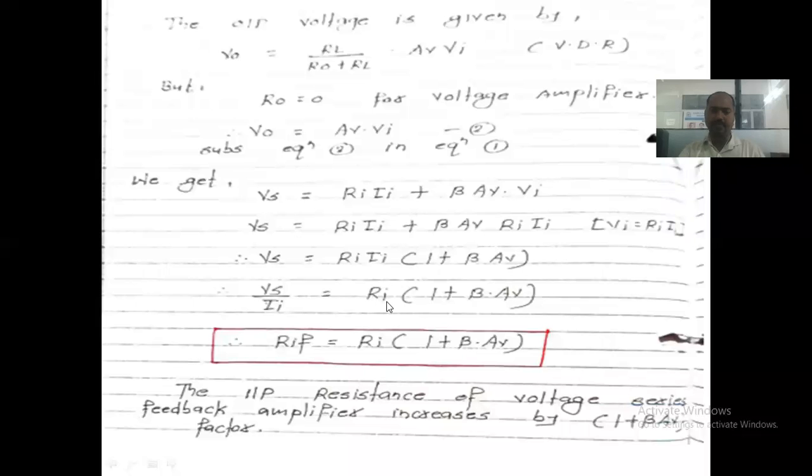Vs upon Ii indicates Rif, the input resistance, which is Ri into 1 plus beta AV. So when we use the voltage series feedback amplifier, the input impedance increases by 1 plus beta AV times.